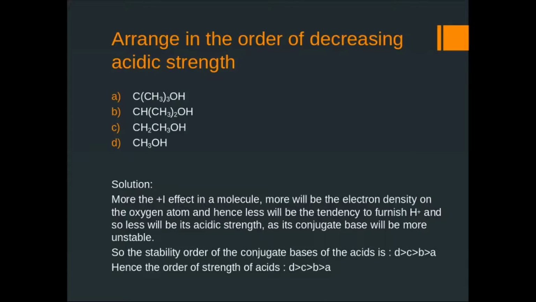I mean to say that the conjugate base will be highly unstable. So in such a case, the oxygen will try to maintain the OH bond, and the hydrogen ion or hydronium ion released in the solution will be least. So A will have the least acidity, and it comes at the last.